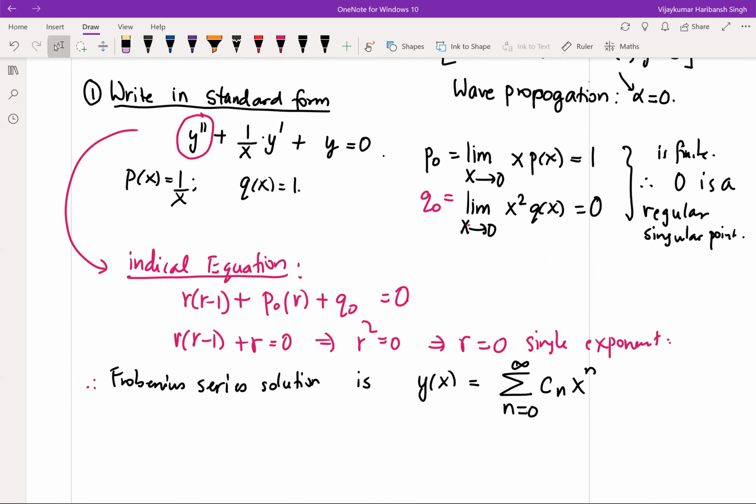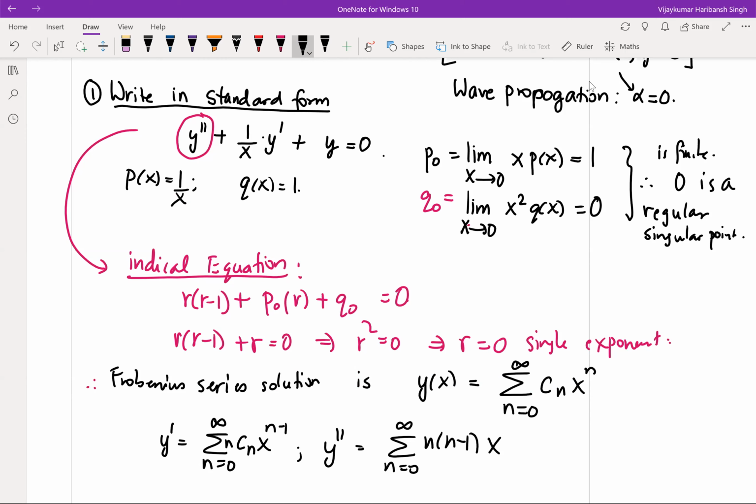So we get y prime is summation n equals 0 to infinity Cn x to the power n minus 1 times n, and y double prime is going to be summation n equals 0 to infinity n into n minus 1 times Cn into x to the power n minus 2.